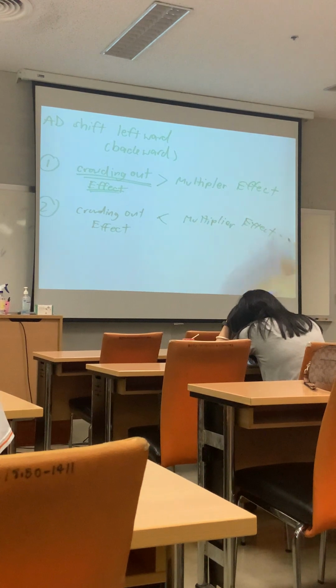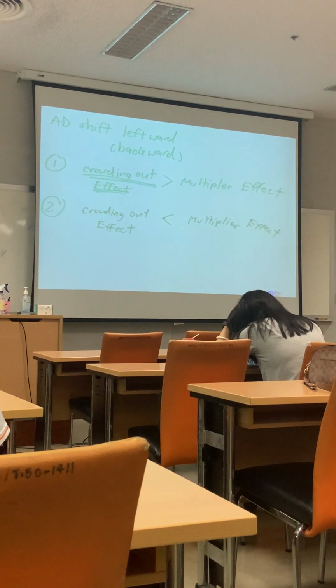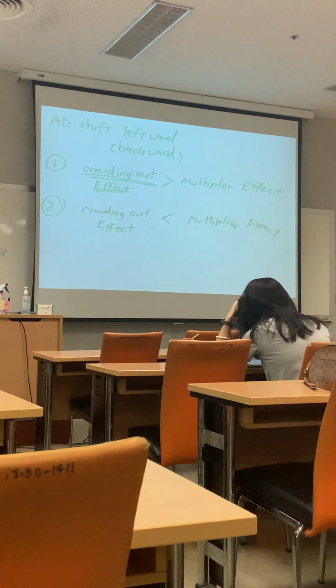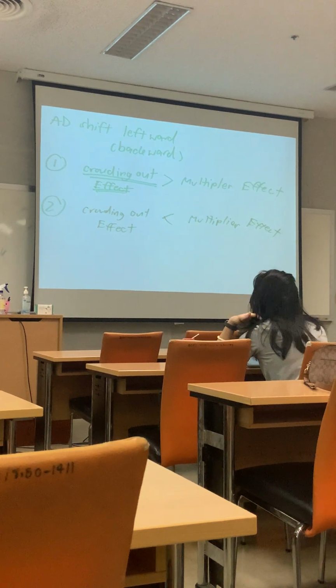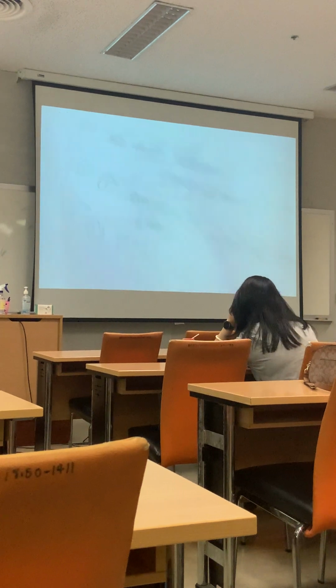This is the thing that the textbook doesn't tell you. The textbook just says crowding out happened in that piece, and they add some paragraphs saying that the effects will be different depending on the effects of crowding out or the multiplier, but they don't even shift the graph for you. So this is what I do by myself for you. This does not happen in the textbook.